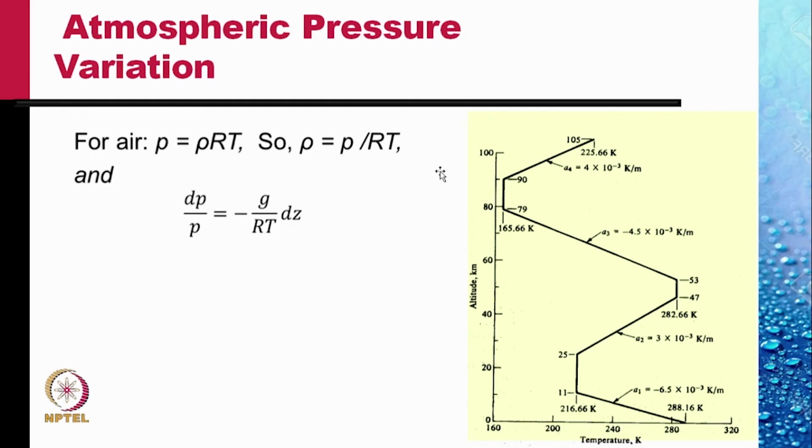This curve of the temperature variation with the altitude in kilometers is derived from a very large number of measurements in the atmosphere, and people from various countries coming together and deciding that this temperature variation best represents the temperature variations in the atmosphere throughout the year and in all locations.